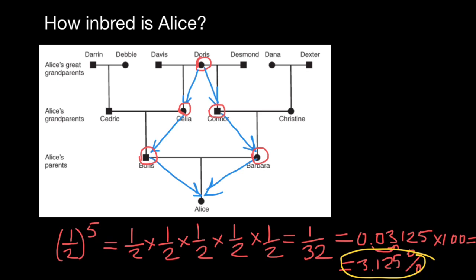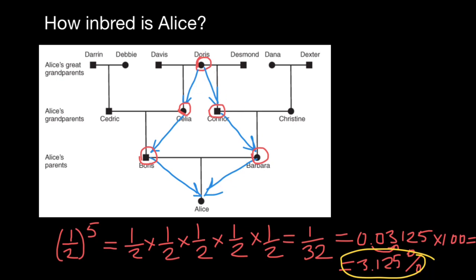But those people who are heterozygous would show a normal phenotype. But Alice is going to have 600 genes, which represents 3% of 20,000, which we call identical by descent, which Alice would inherit from Doris.